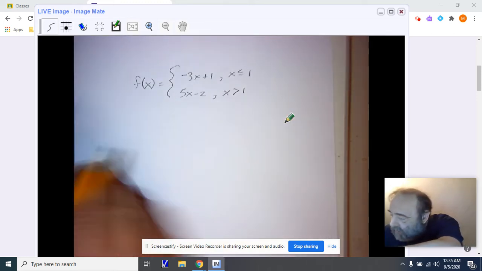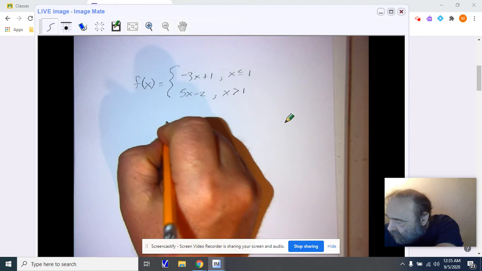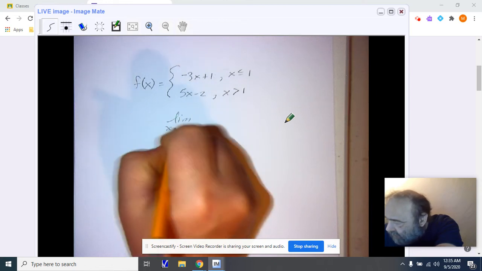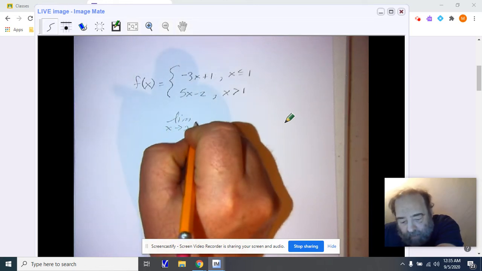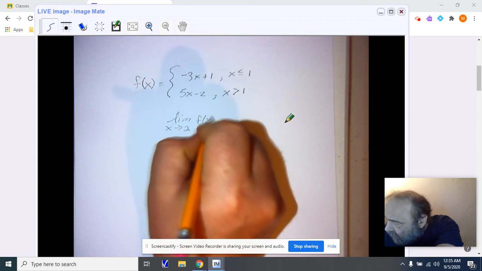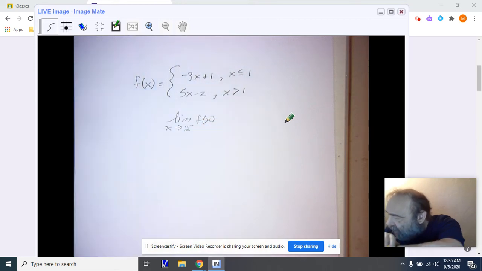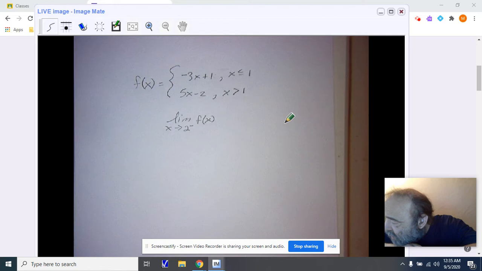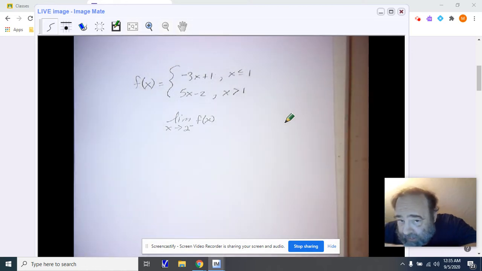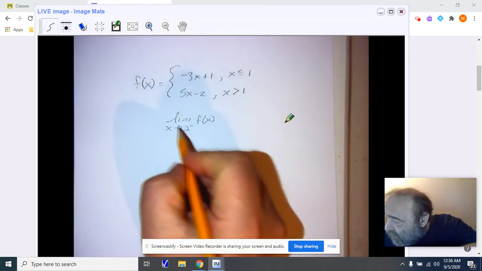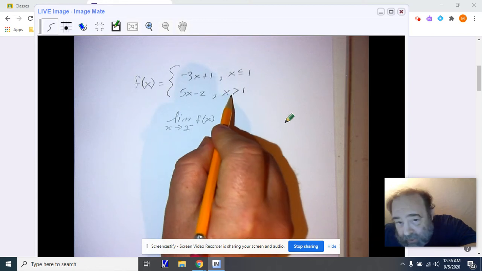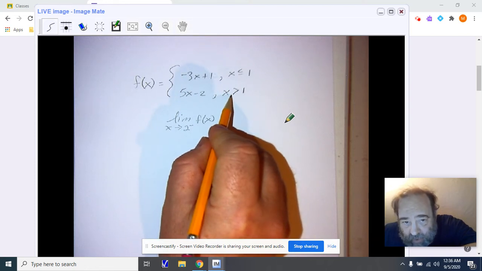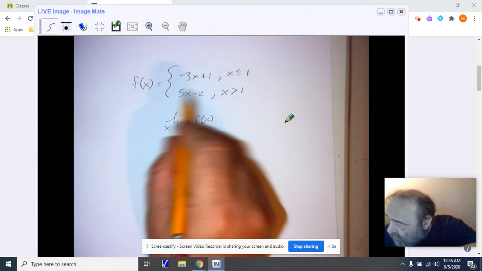Now you'll notice if I'm trying to find a specific limit, such as the limit as x approaches 2 for f of x, then we'll go ahead and approach from the left. Well, if I'm approaching 2 from the left, I first want to find where 2 is. Notice that 2 is greater than 1, and therefore it is on this equation.